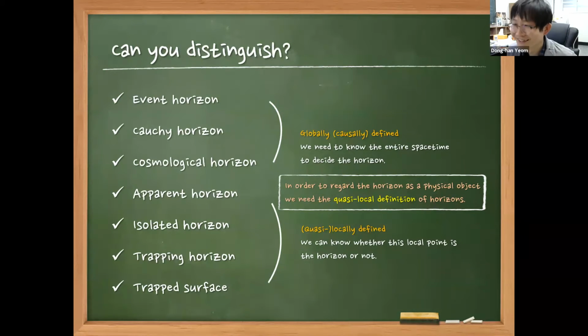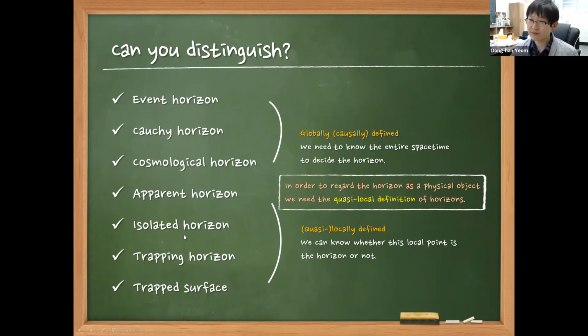Okay, so let me keep going with the discussion. In order to regard the horizon as a physical object or physical quantity, we need to rely on the quasi-local definition of horizons. This is the motivation why we are introducing the quasi-local notion of horizons.